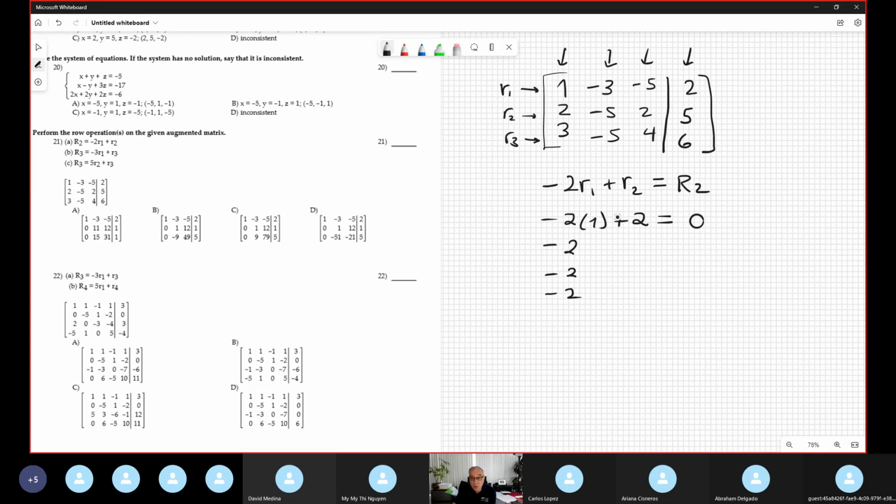Okay, so you copy any element in row 1, que es -3, -5, y +2, and you add the corresponding in row 2, -5. Then +6 plus -5 is 1.